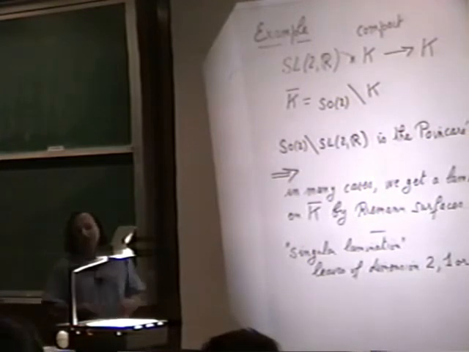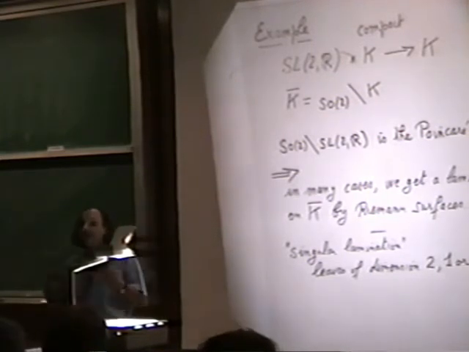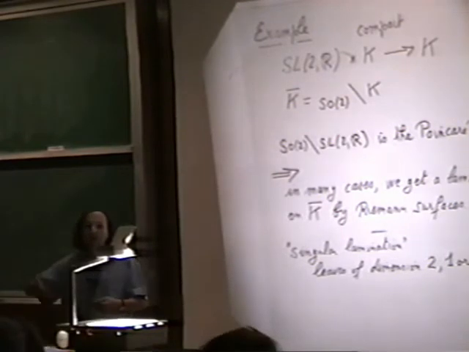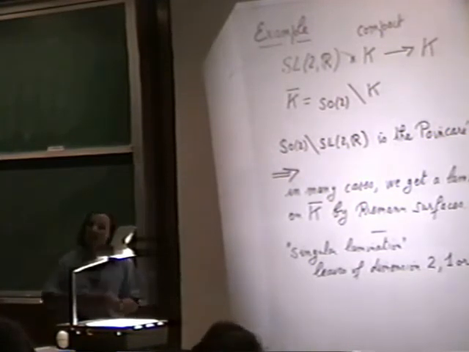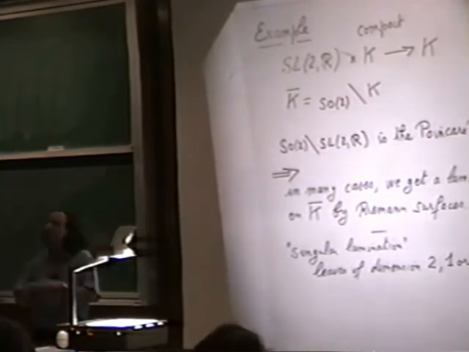So typically, in many cases, we get a lamination on this space K bar by the orbits of SL2R modulo SO2.